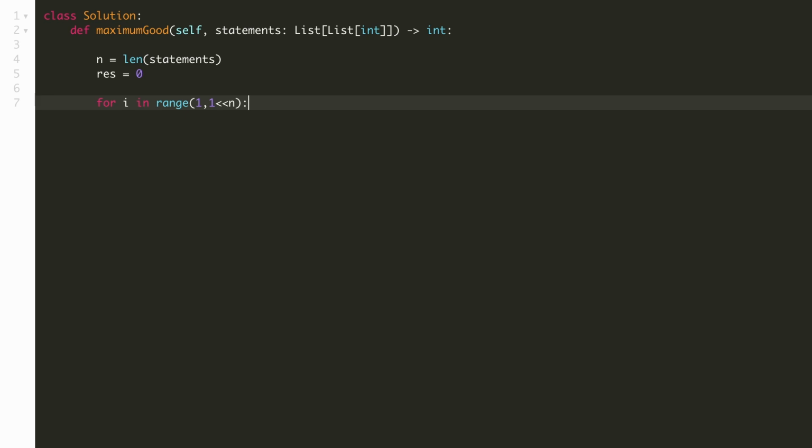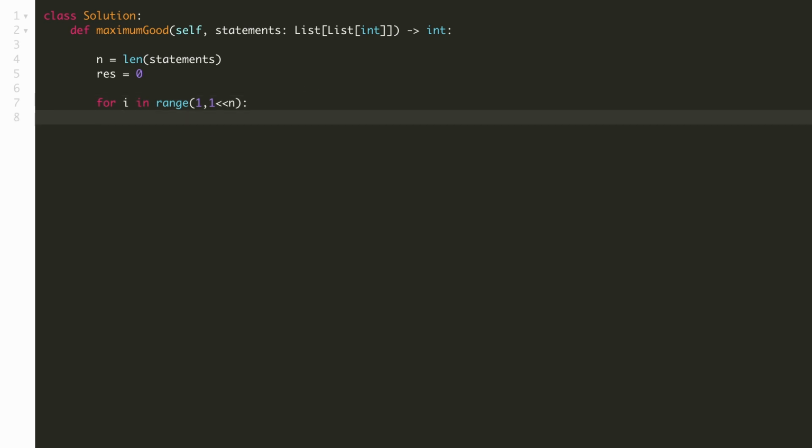Here I am running a loop from 1 to 2 raised to power n minus 1 because I don't really have to check 0. In that case, since no people are good, the answer would be 0 and that's already covered. To generate 2 raised to power n, I am left shifting 1 by n bits. This is absolutely the same as 2 raised to power n.